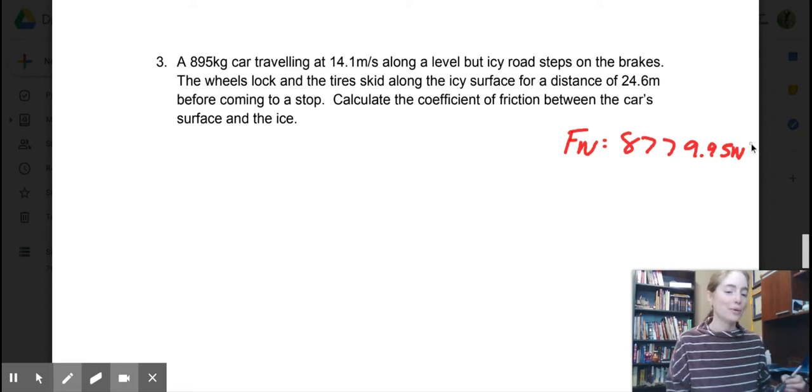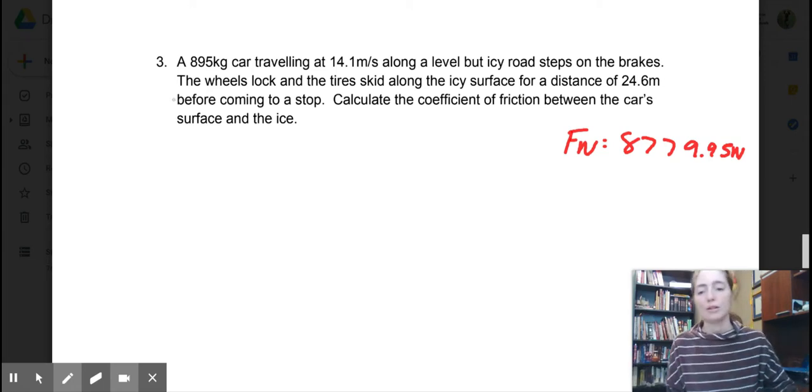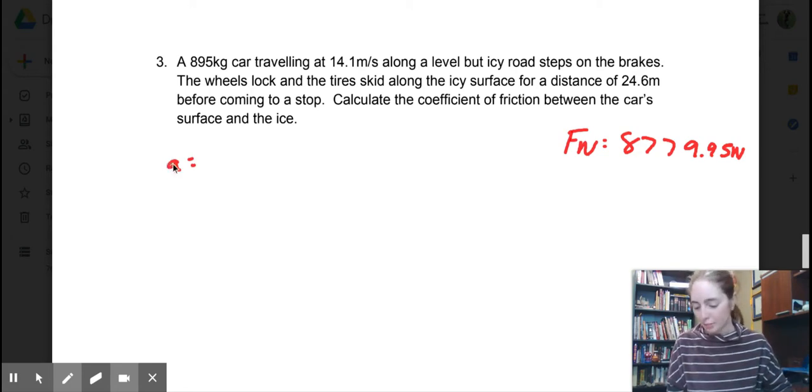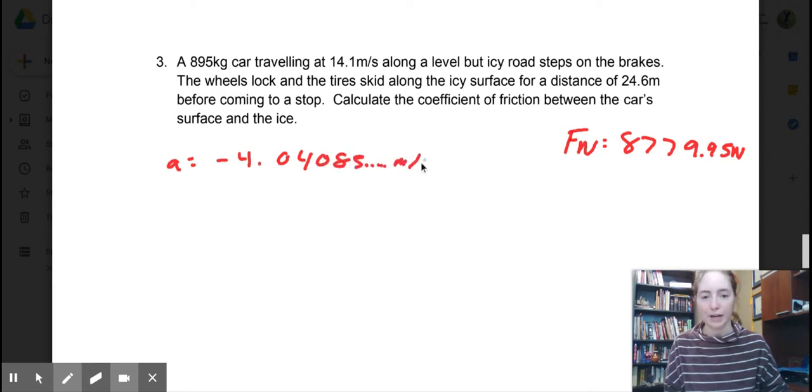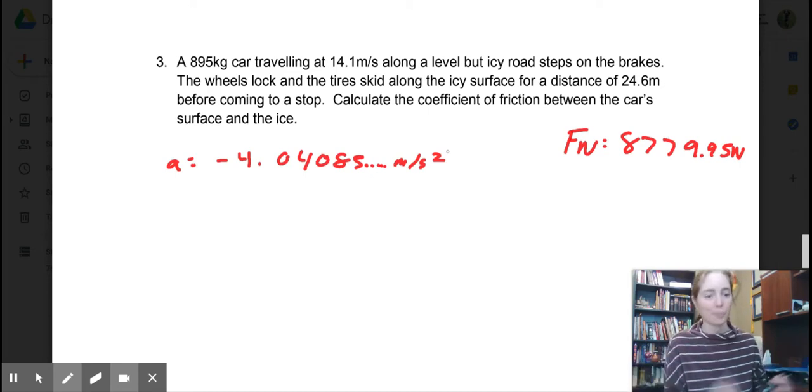So you can see where we'll get that from our previous section of the video before our tech died and killed all our work. So we calculated our acceleration, as we saw in the first section of the video, to be negative 4.04085 meters per second squared. So that was about where the video killed all of our hard work.